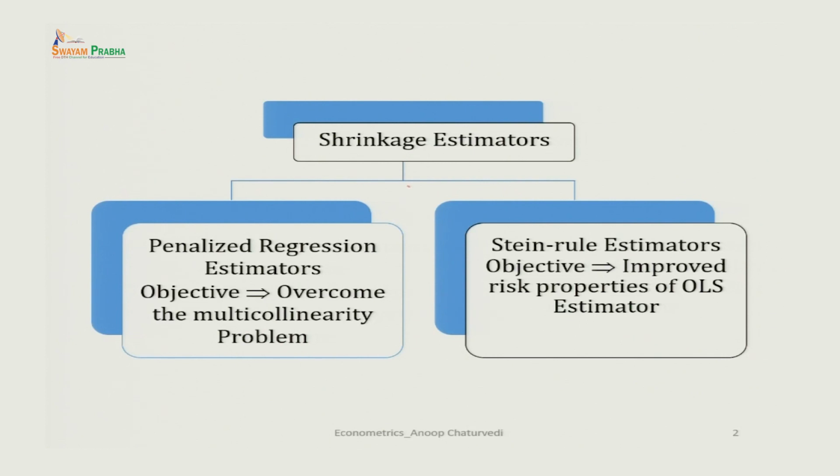And the second class of shrinkage estimators which we are going to consider in this lecture is Stein rule estimators. Your objective is to improve risk properties of the OLS estimator. In both the cases, we move away from the class of unbiased estimators and we consider the biased estimators.